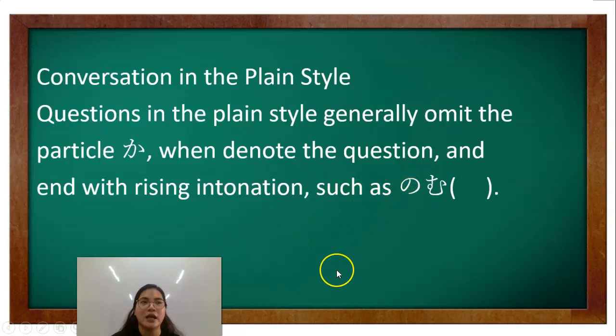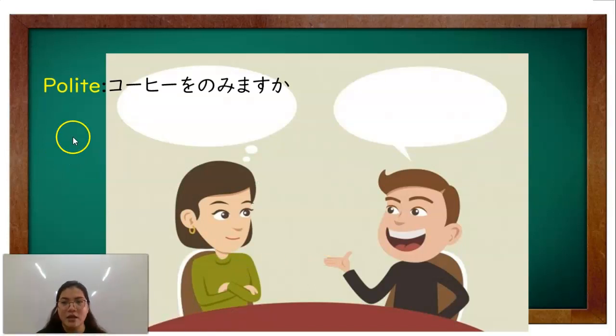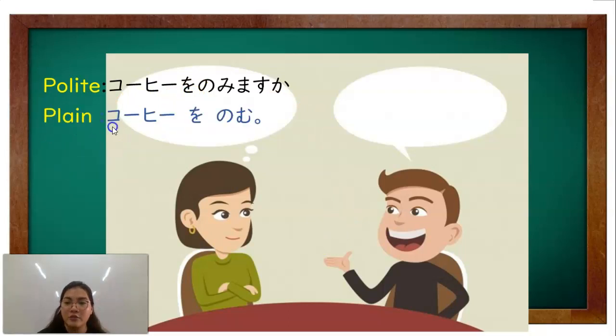So, the ka is not used for asking a question, just like namimasu ka. Instead, they will say namu. Just like here, in the polite, kohi o namimasu ka? While in the plain style, it will be kohi o namu.